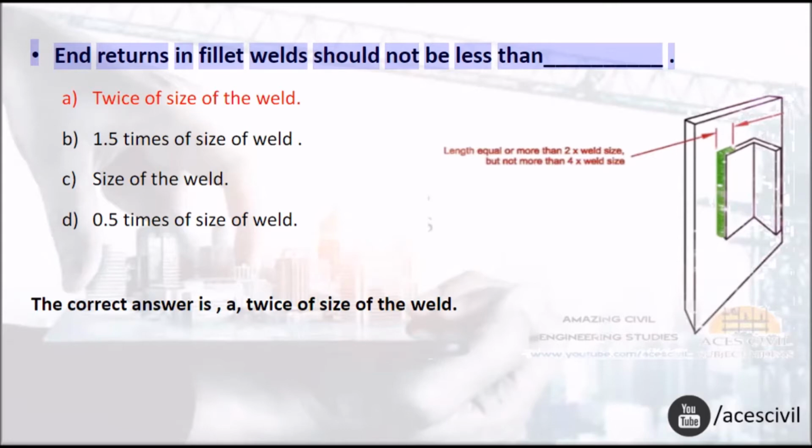End returns in fillet welds should not be less than A. Twice of size of the weld. B. 1.5 times of size of weld.